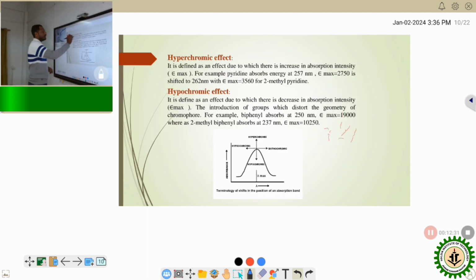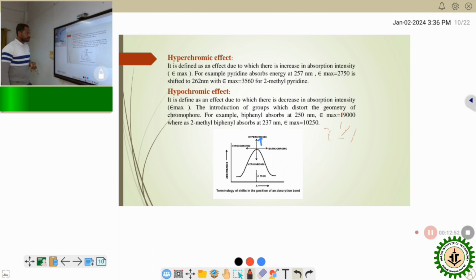Now, what is the hyperchromic effect and what is the hypochromic effect? It is defined as an effect due to which there is an increase in absorption intensity. This type of effect is known as the hyperchromic effect.